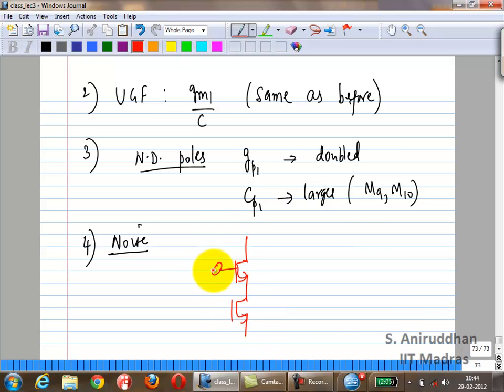If you look at the noise of the cascode as an input referred signal, what is the impedance looking down here? RDS. The output is shorted, so what is the noise flowing through the output? If I have a Vn here, what is the noise flowing through the output?